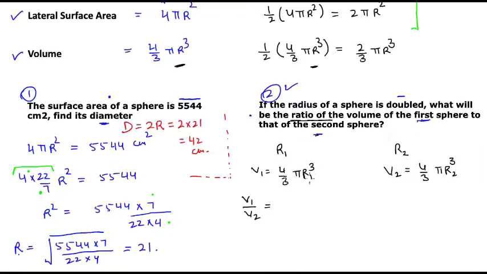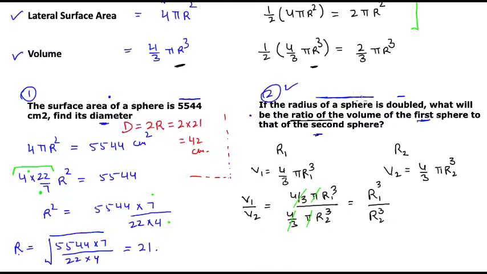So when you substitute these values respectively, you will find that V1 over V2 is equal to 4 by 3 pi R1 cube divided by 4 by 3 pi R2 cube. We will cancel out the common factors in the numerator and denominator, and what you obtain is a ratio of two radii, right? R1 cube divided by R2 cube. Now pay attention to the condition that you have been given in the very beginning.